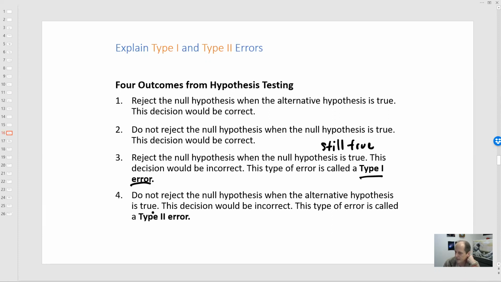And if our data indicates that we don't reject the null hypothesis, but actually the alternative hypothesis is true, then that's a type 2 error. You have to consult these a lot. If you're asked questions about it, you might have to reconsult.